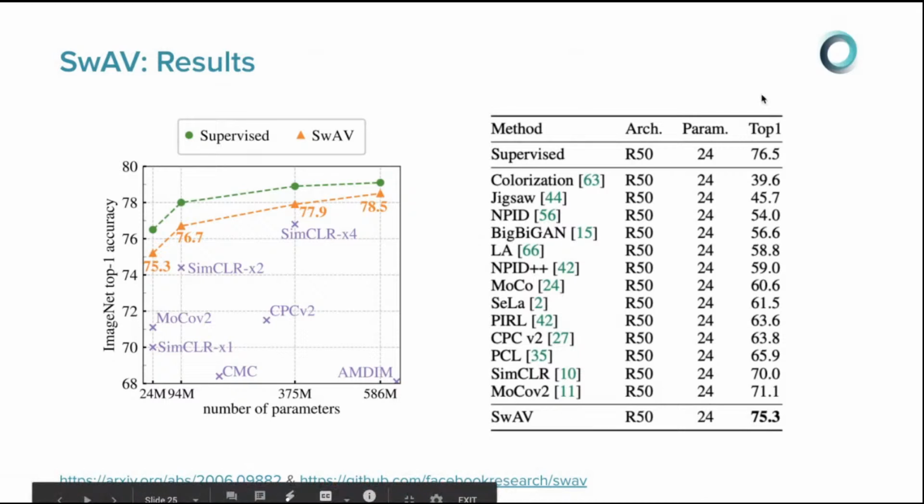Here you see the percentages, and the supervised benchmark they show in the paper is about 76%. Here we're a little bit more than 1% apart, which I guess is very interesting, especially if you have to work with data where you don't have a lot of labels. This is really something to look into.